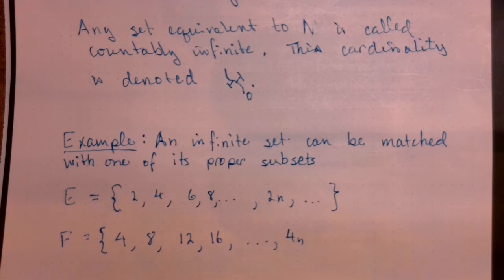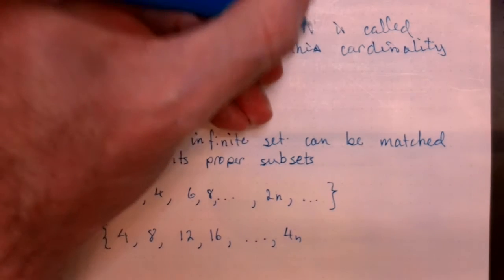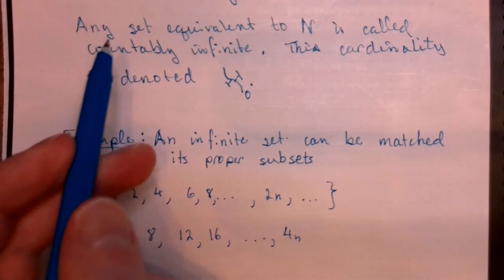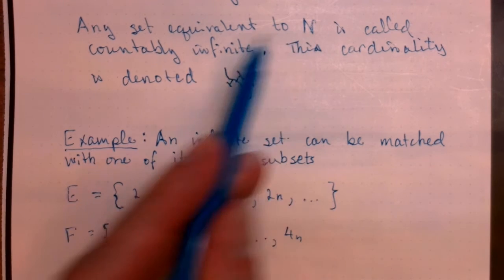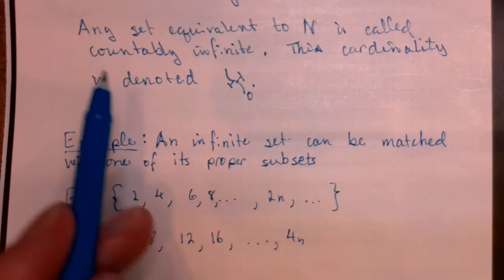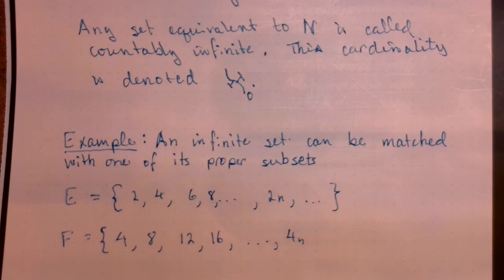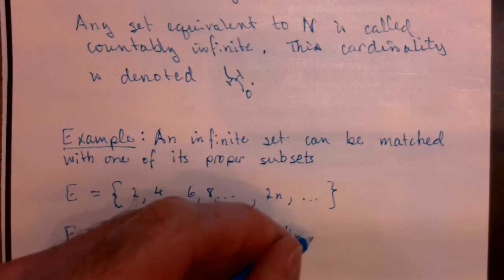So if we start out with a bit of a review from our last video, you'll remember that any set equivalent to the set of natural numbers is called countably infinite, and it has cardinality aleph naught. There's another property of infinite sets that I would also like to talk about, and that is an infinite set can be equivalent to one of its proper subsets.